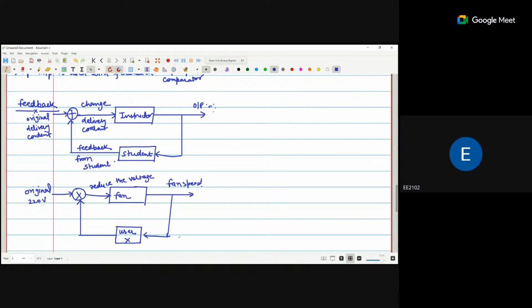Here, user X will use a regulator. That regulator will either increase or decrease the voltage.